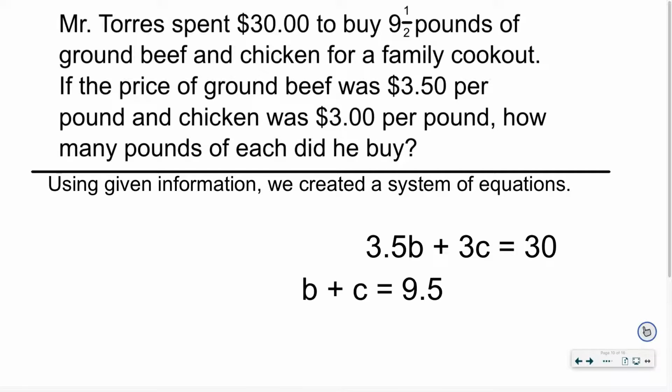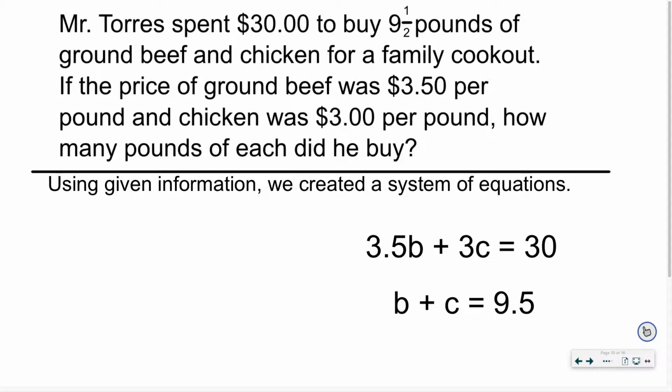If I was going to eliminate, is there a variable that I could eliminate a little bit easier than another one? The 3C. Now you could eliminate B if you wanted to, but why do you think eliminating C might be more straightforward? Because you're dealing with a whole number. If you were going to eliminate C, what would you multiply by?